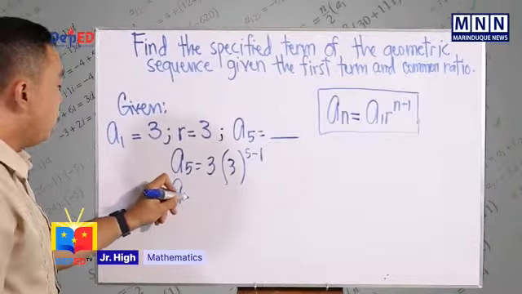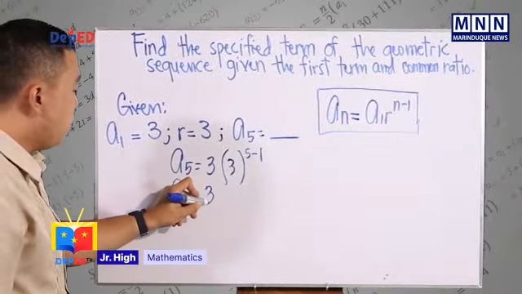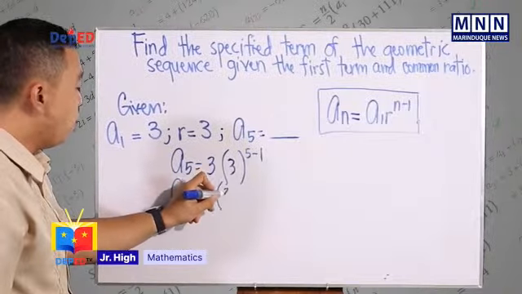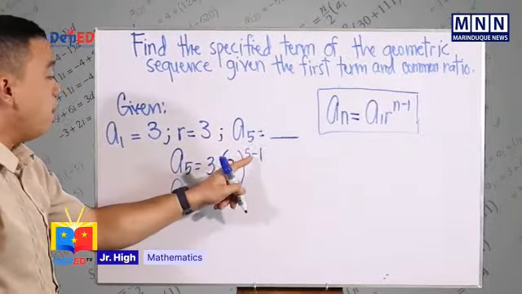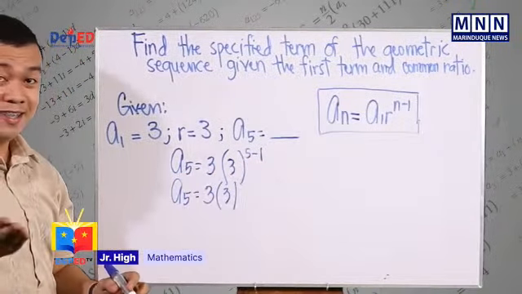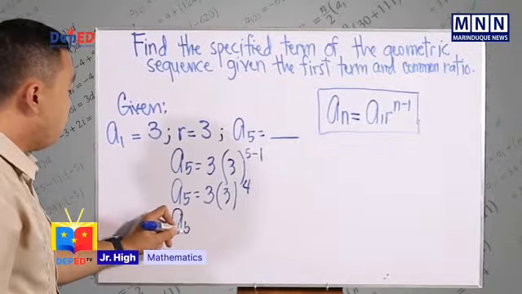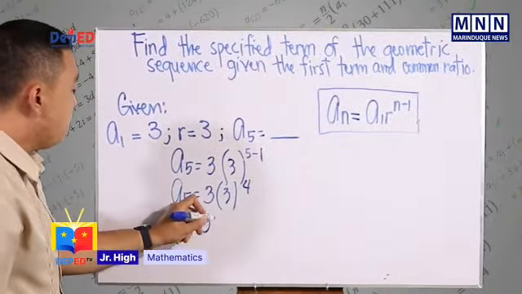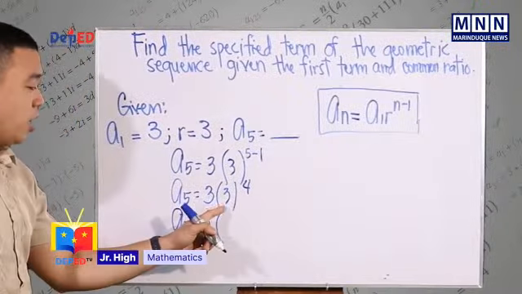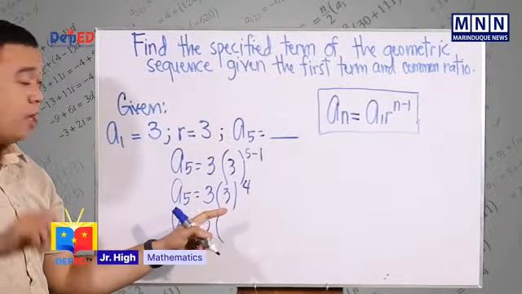Then you will have a sub 5 is equal to 3 times 3 raised to 5 minus 1, which is, correct, 4. A sub 5 is equal to 3, then multiply 3 by itself 4 times.